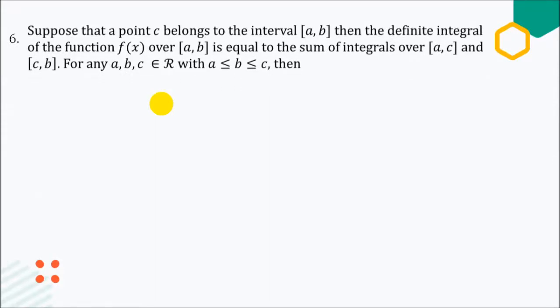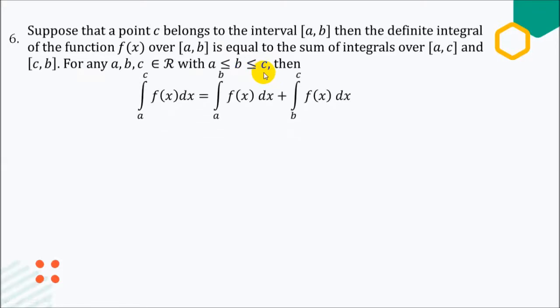Let's see the sixth property. Suppose that a point c belongs to the interval [a, b]. Then the definite integral of the function f(x) over a and b is equal to the sum of the integrals from a to c and from c to b, for any a, b, c real numbers with a less than or equal to b and b less than or equal to c.